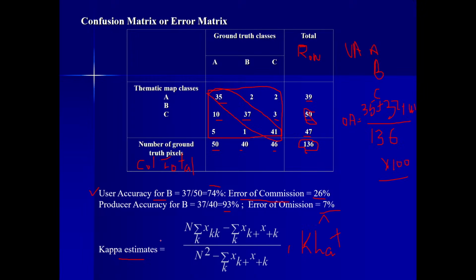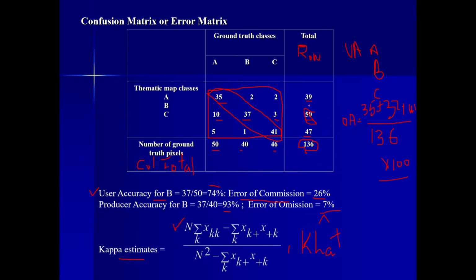So here you can see its formula. Capital N is the total number of samples, that is 136. Summation xkk is the summation of diagonal elements, that is 35 plus 37 plus 41, minus summation xk-plus into x-plus-k.